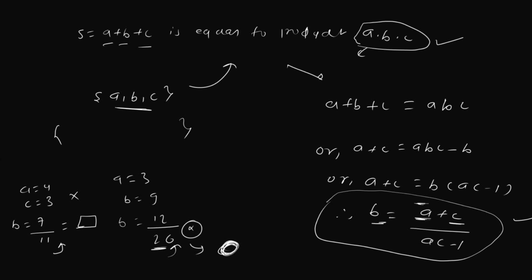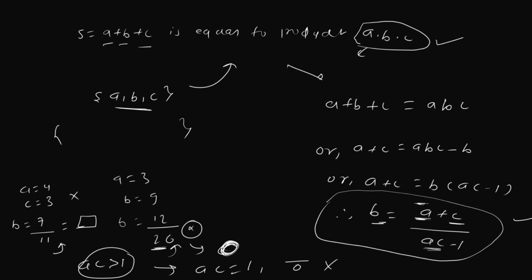So what else can we have? Suppose like this a c, and this a c must be greater than 1, because if a c equals 1, it would make the denominator 0, which is not what we want.